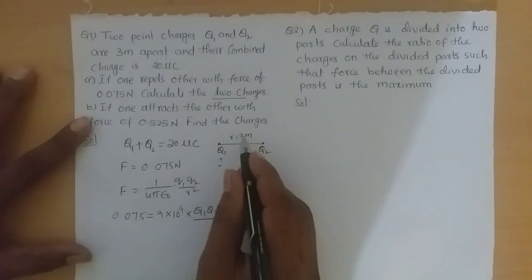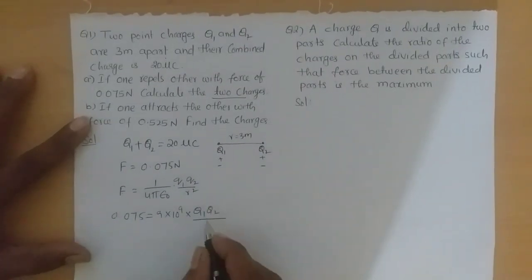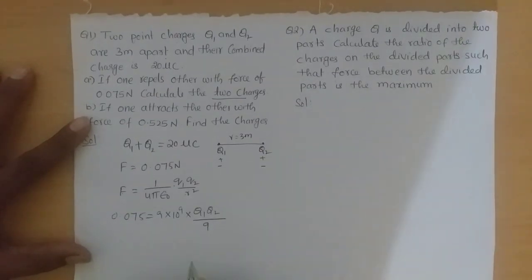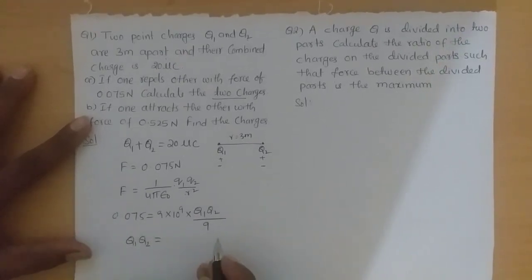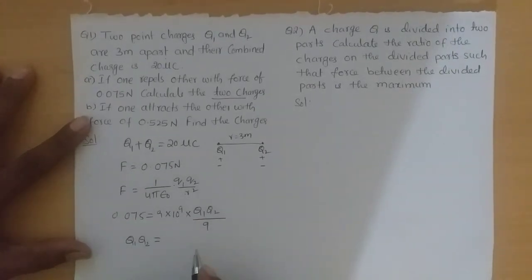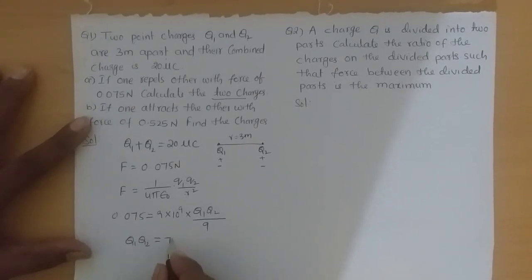The distance between them is 3 meters, so r square is 3 square, which is 9. Okay, from this the 9 will get cancelled, and after simplification I am going to write directly that q1 q2 equals 75 microcoulomb square.